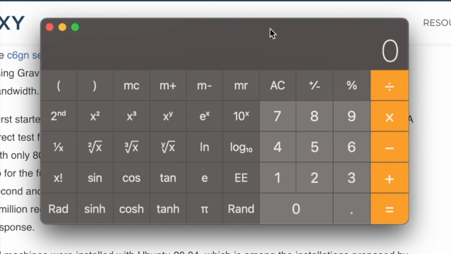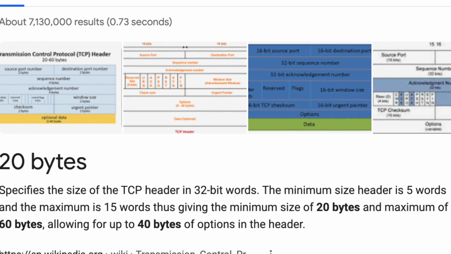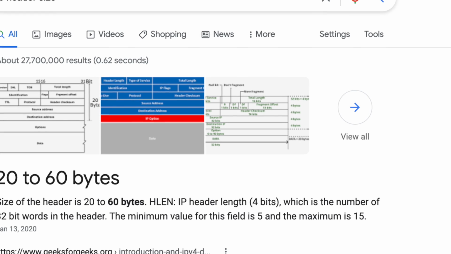A packet, last time I checked, adds 20 bytes. An empty TCP packet, no data at all, adds a 20 byte header on the TCP stack, which is layer 4, and then you add another 20 bytes on the IP packet on layer 3.